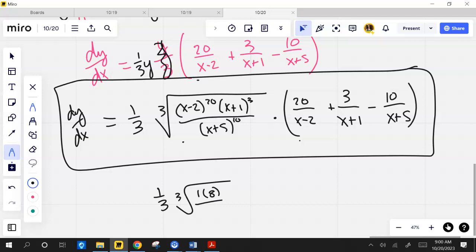Yeah. Do it on the calculator. 6 to the 10th. And then times. You just go ahead there. On the calculator. Oh, you got it.